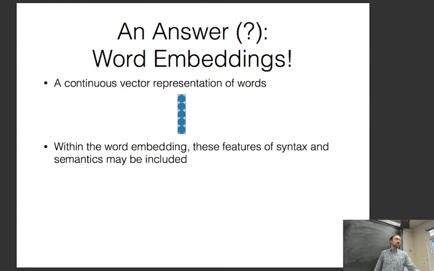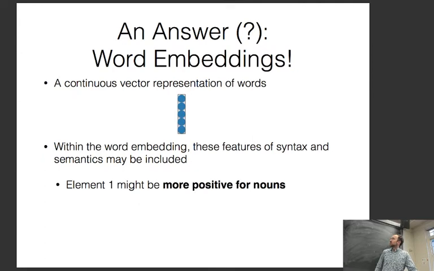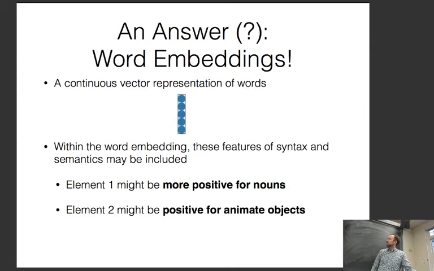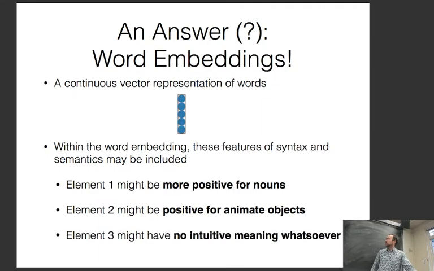They encode is-a relations. So for example, element 1 might be more positive for nouns. Element 2 might be more positive for verbs. Or element 2 might be more positive for animate objects. So if something's a living being, which is one of the categories in WordNet, then maybe this is expressed by element 2, for example. Element 3 might have no intuitive meaning whatsoever, or you might not be able to know what it means without looking at some of the other elements.